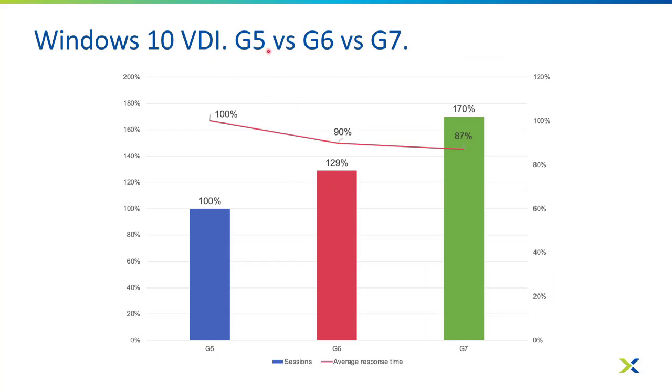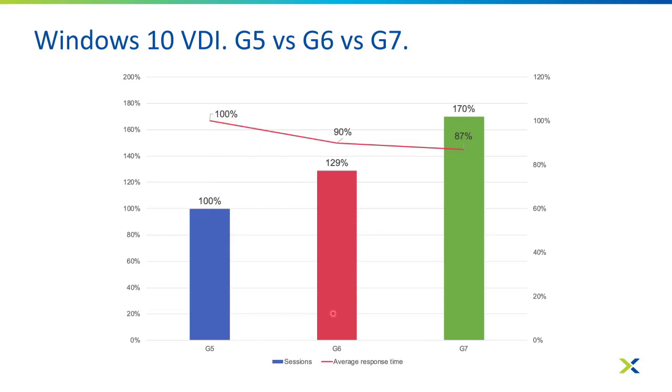When we look at processor generations, this is an example for a Windows 10 desktop comparing G5, G6, and G7 Intel architectures. G5 is the baseline, 100%, and the response time is also 100%.